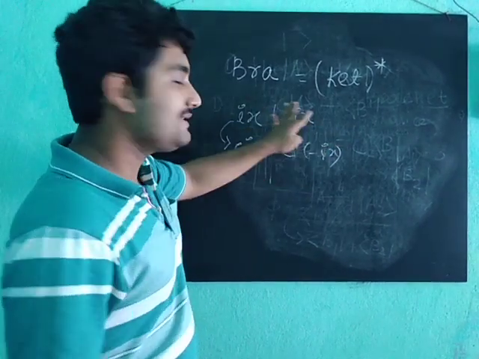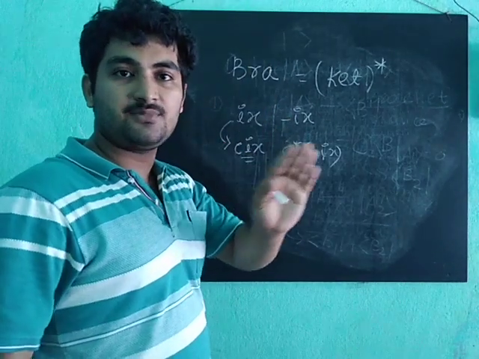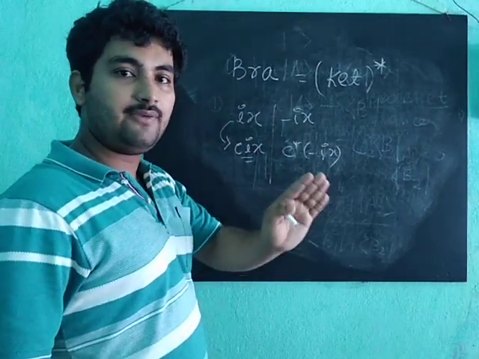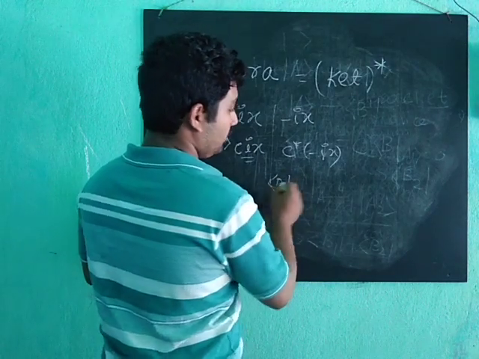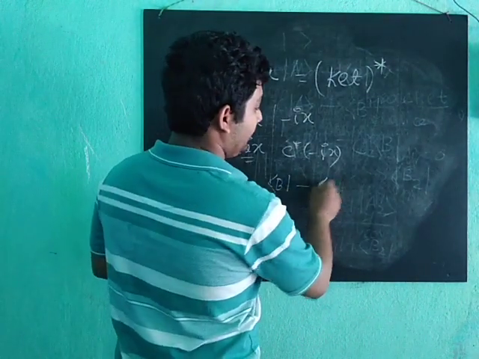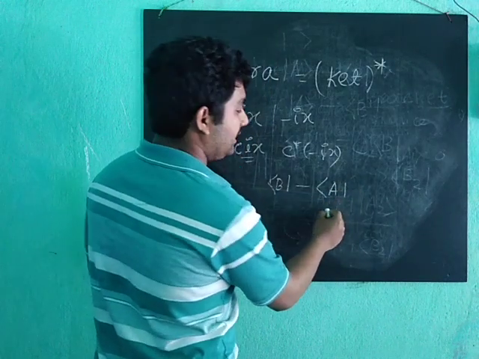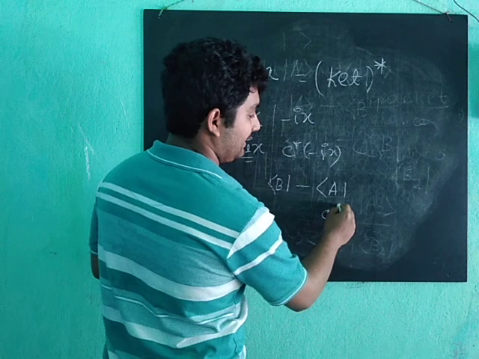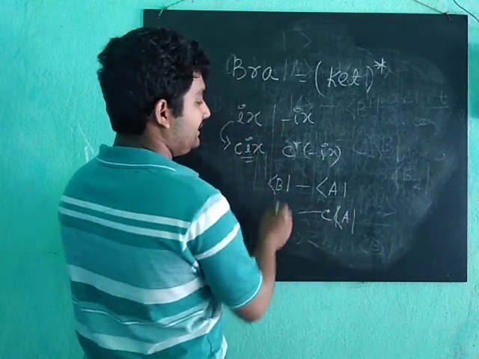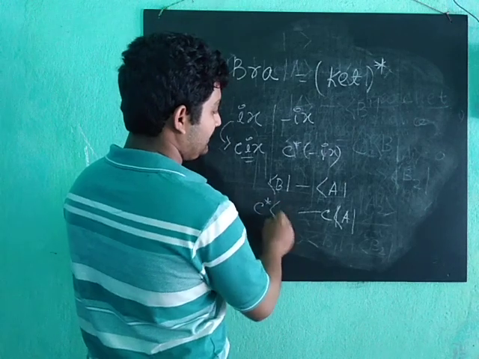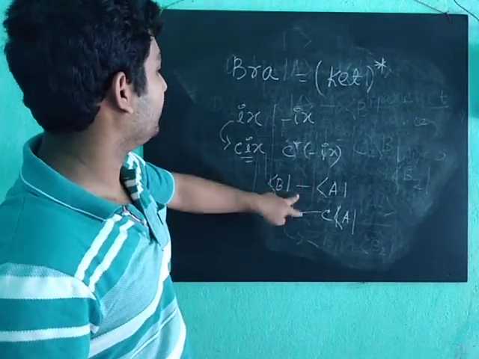This is the same thing as I told you about the second assumption of the bra vector. A bra vector B corresponds to a ket vector A, and if I multiply this ket vector with a complex number C, then this becomes C star B. See, these two are the same thing.